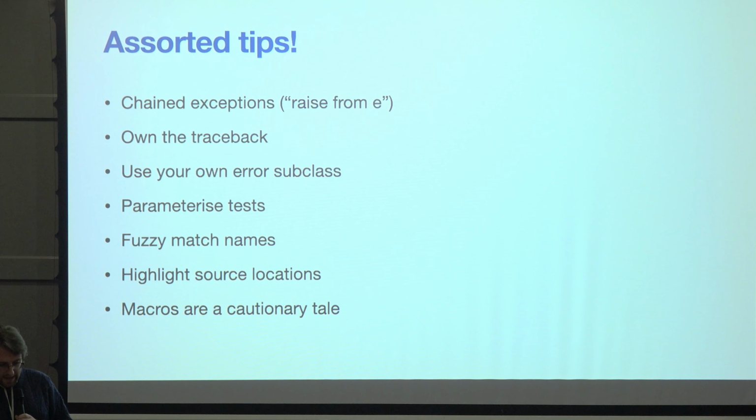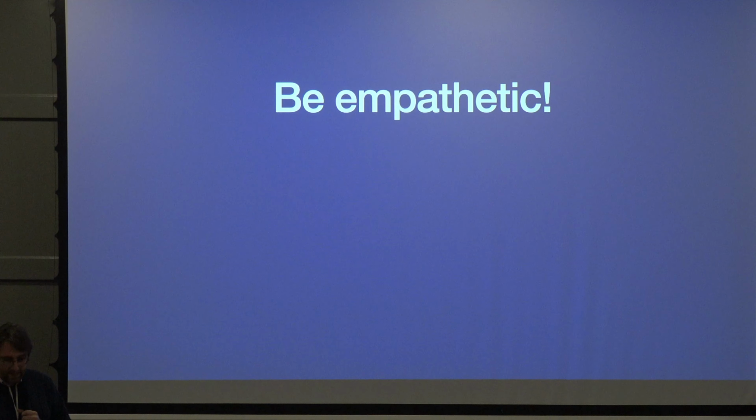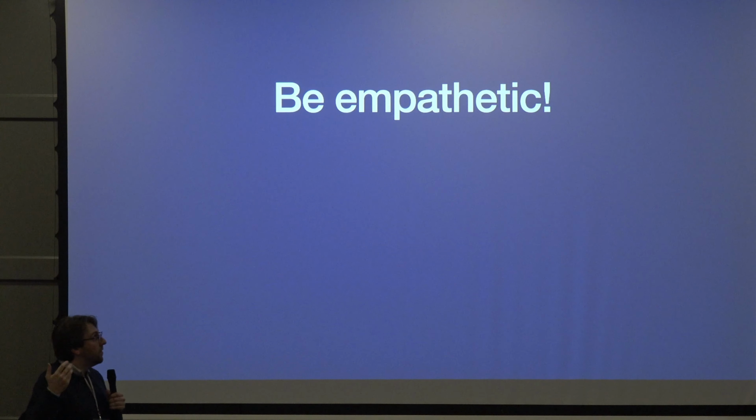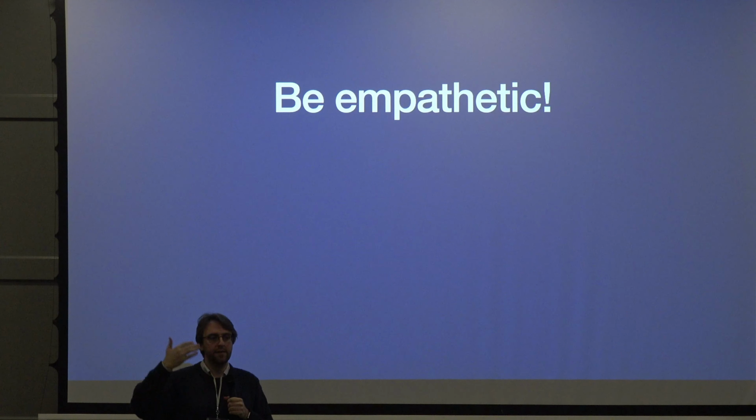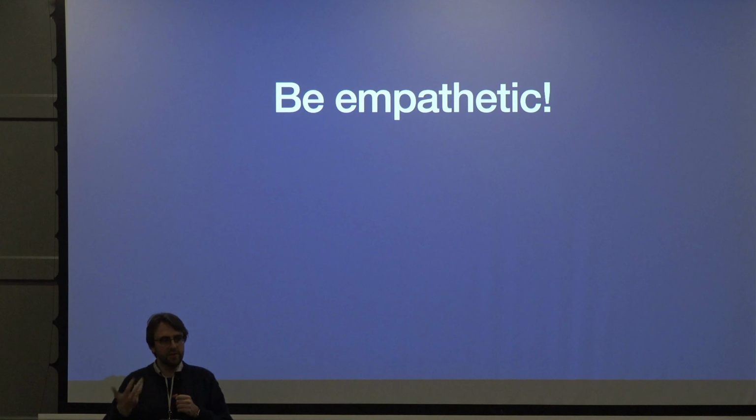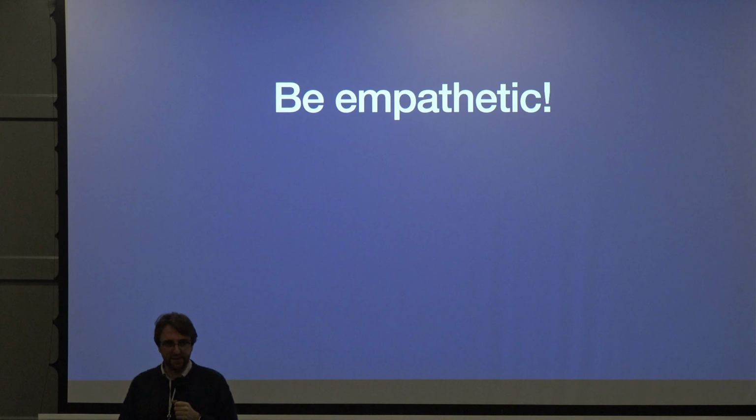But if there's one thing I want to leave you with, it's that these are all just a handful of tips. They're things for the toolbox, but what makes good errors isn't really an exercise in applying tips or tricks, and it's not necessarily an exercise in just discipline or developing a skill. It's really an exercise in empathy. When an error message pops up, it's not being understood, consumed, whatever, by a machine, right?